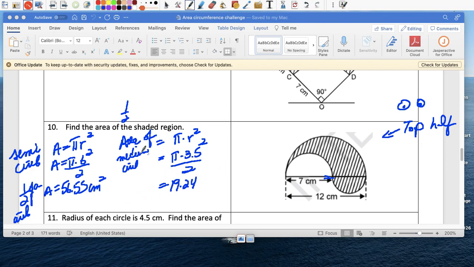So let me subtract 56.55 minus 19.24, and that's going to give us 37.31, and that represents this. This is what we just found up to here.